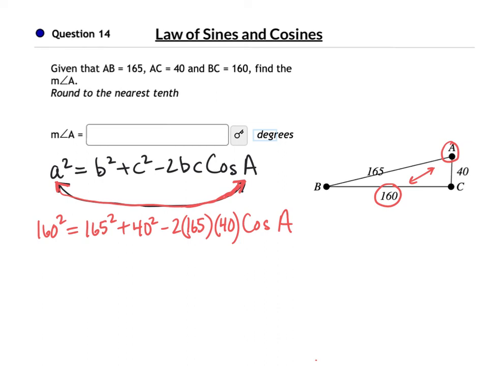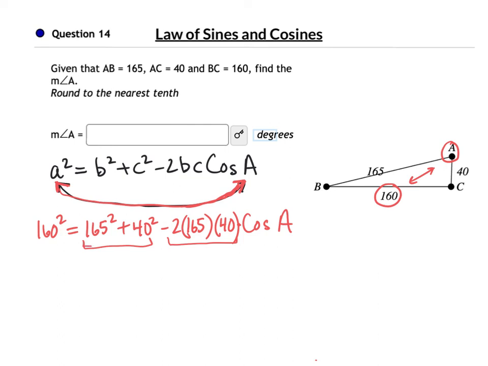In this type of law of cosines, we've got to work the pieces out. We don't have any choice. So plug this in the calculator. Keep in mind, all this stuff is multiplied by the cosine of A, so I'm going to have to divide to get rid of that.